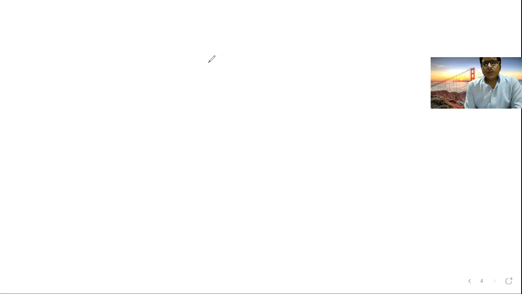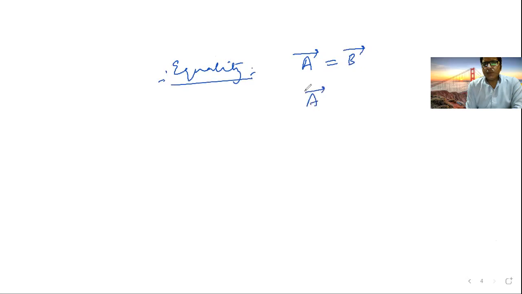Now, I want to first clear this. What is equality? We said last time 2 vectors are equal if their magnitudes are equal and they are similarly directed. Now, in terms of components, equality means 2 vectors are equal if all their components are equal.